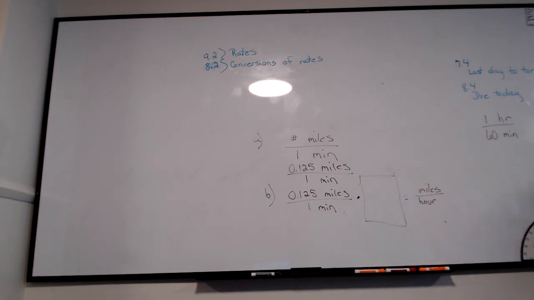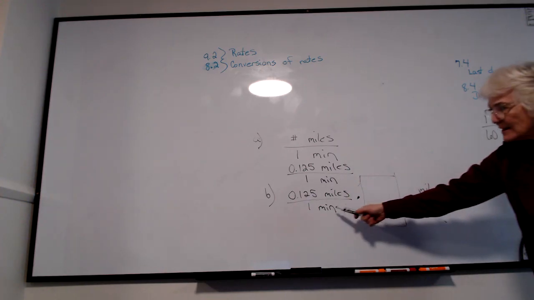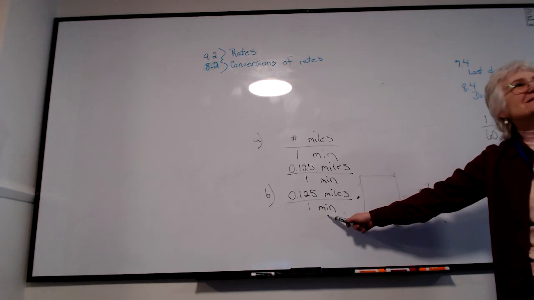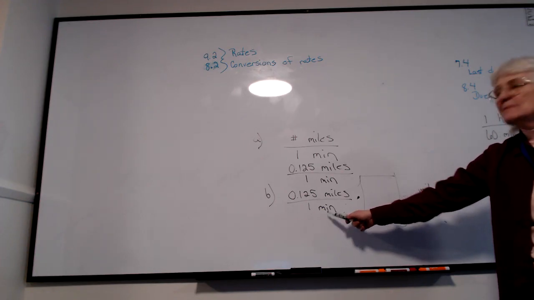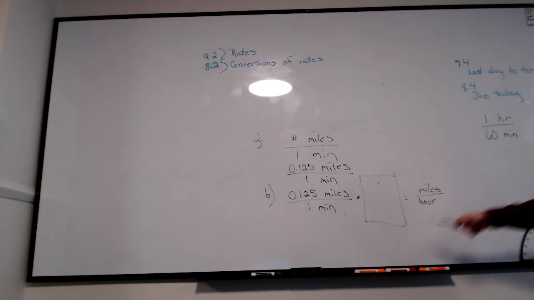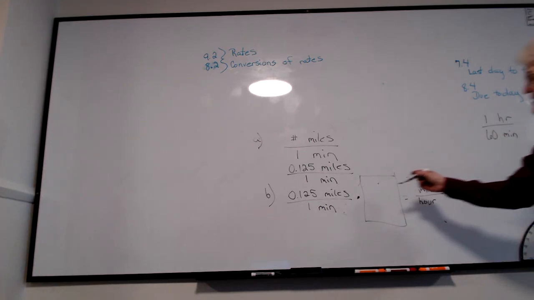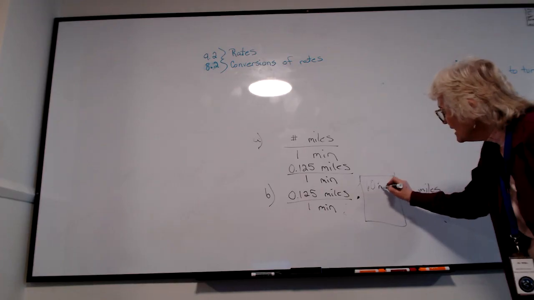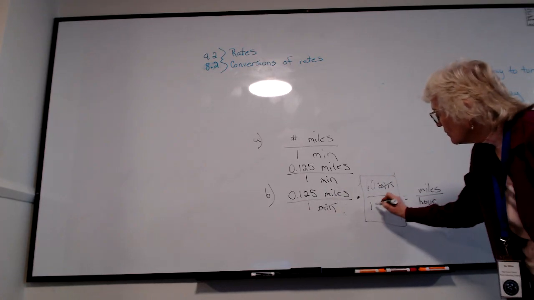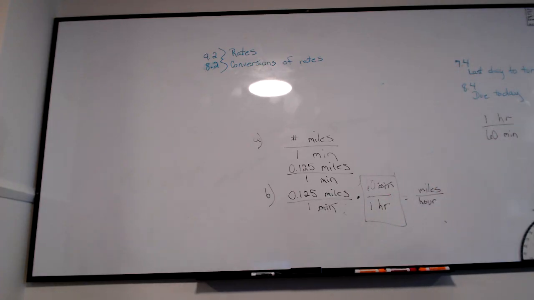You're getting there, okay. So we have both of those. Notice, I want the minutes canceled. Right now, where are they? On the bottom, so that means I want to write the minutes on top so they cancel. So we get 60 minutes, my minutes cancel, over 1 hour.